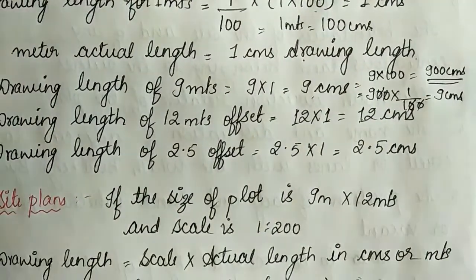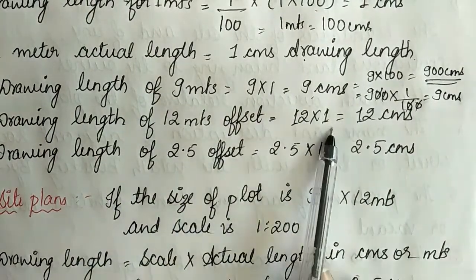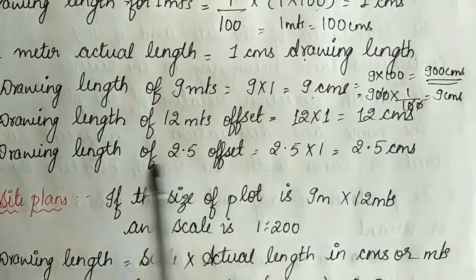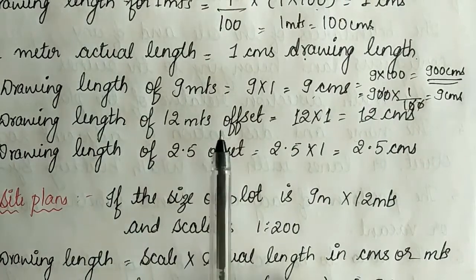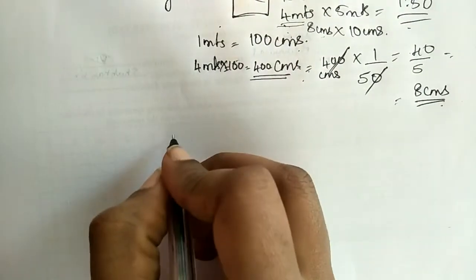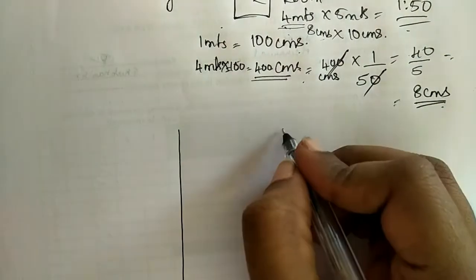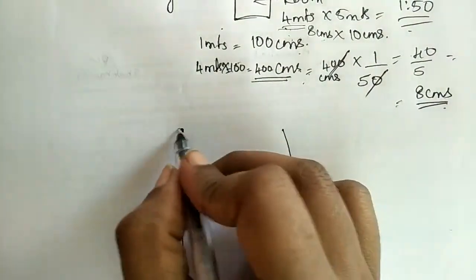Okay, so how you will draw this site plan now? This is 9 centimeter into 12 centimeter, but as this is a site plan it is very important that you also show the setbacks here. So let me just show you here. See, this is the room size which is 12 by 9.